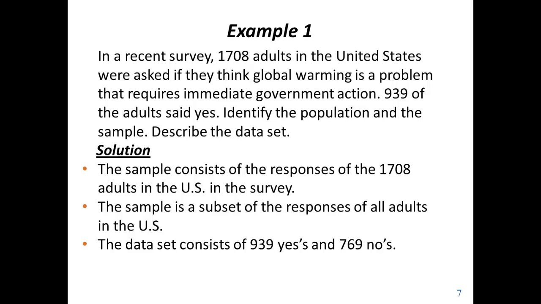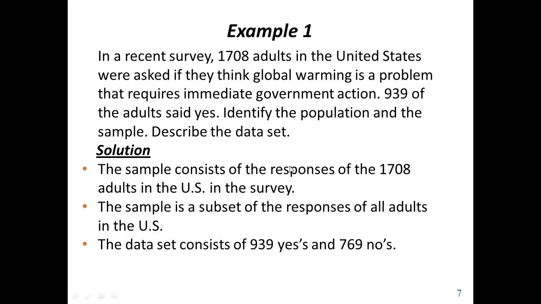For this problem, you look for the sample and you look as well as for the population. So the sample is going to be the 1,708 adults in the United States. Now, to figure out the population, simply eliminate the number that you have in every problem.